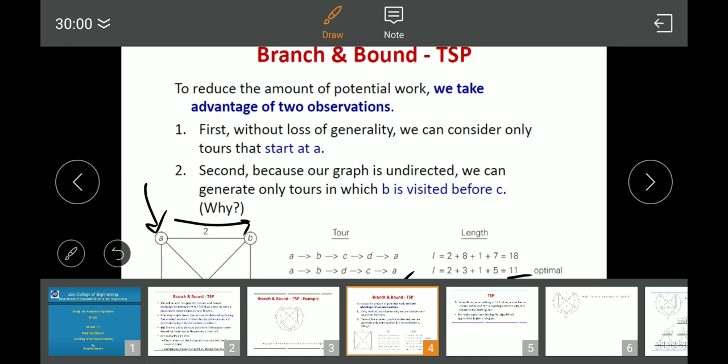So we try to reduce the number of permutations. We fix that we start from A, traverse to vertex B, and from vertex B you can follow any of the vertices in any sequence.